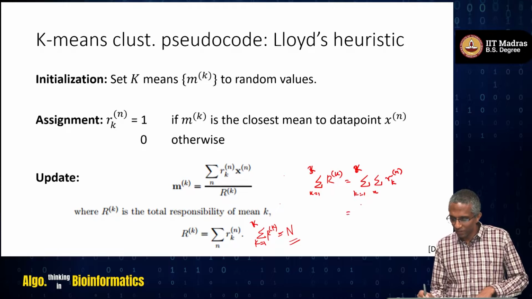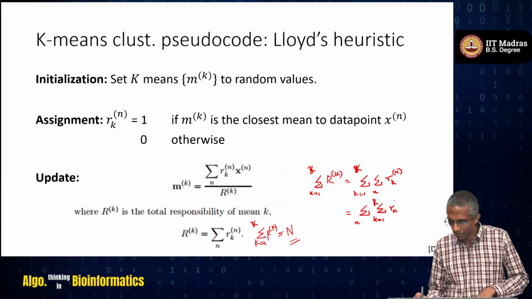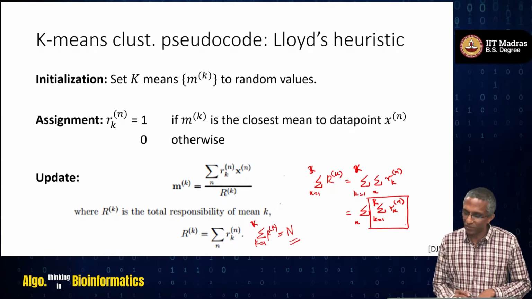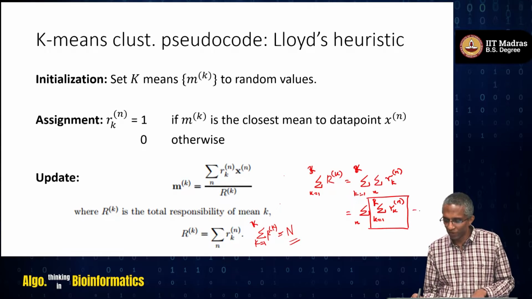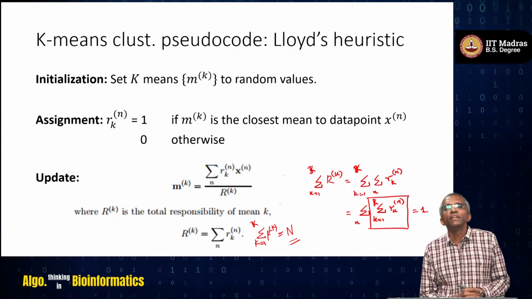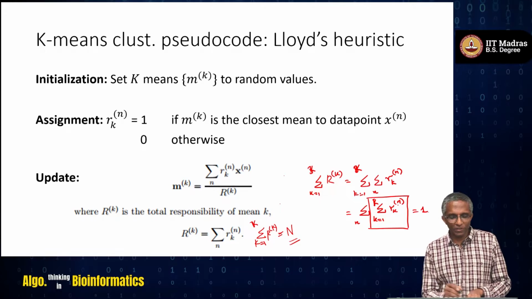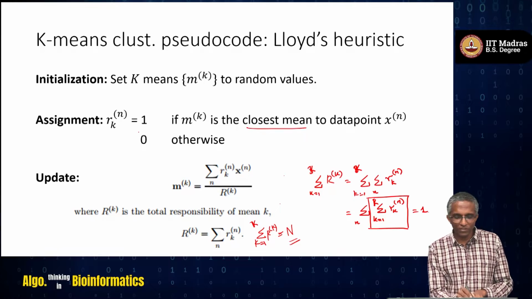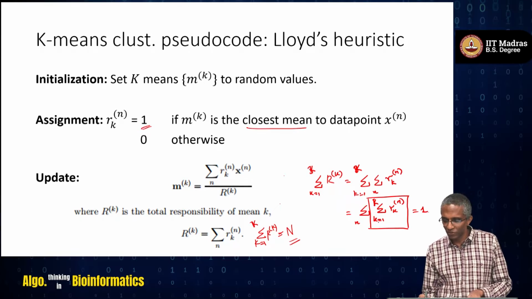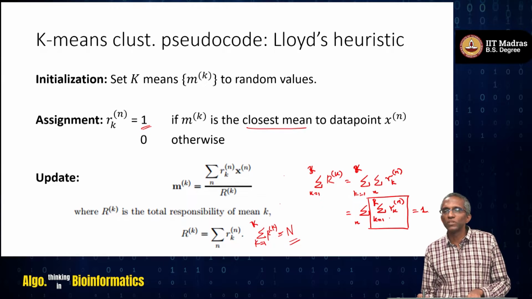And now you can essentially swap these two summations. This particular value is going to be 1 for each data point, because each data point is going to be assigned to the closest mean, and so that is 1 and everything else is 0. So, you will be summing up over a bunch of zeros and then one 1 here.